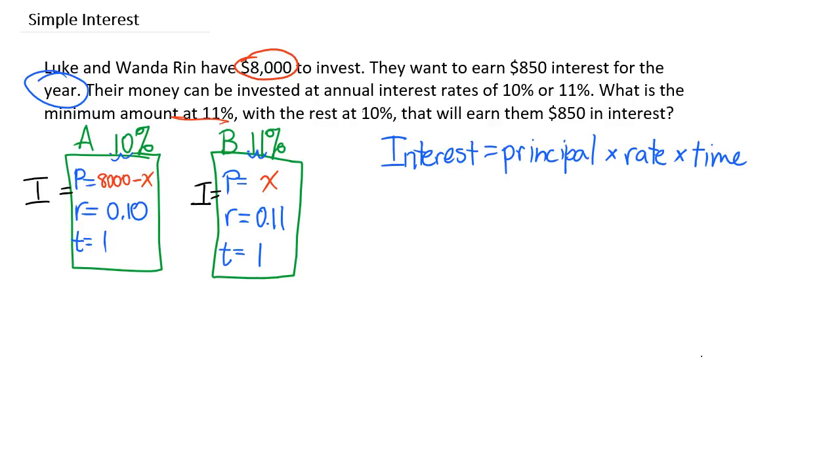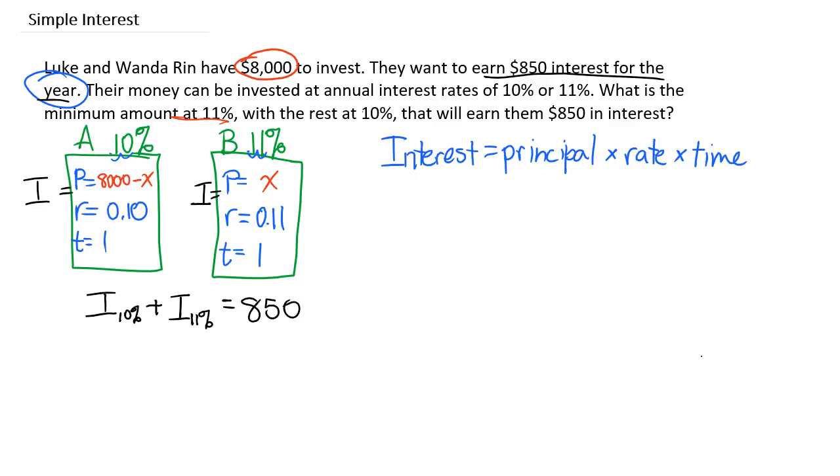When we come up here, it says we want to earn $850 interest for the year. So that means that if we take the interest at 10%, and we add the interest at 11%, the interest at 10% plus the interest at 11% will equal $850.